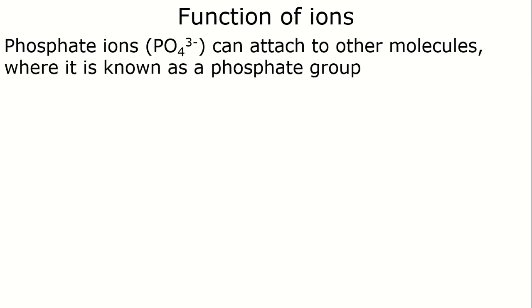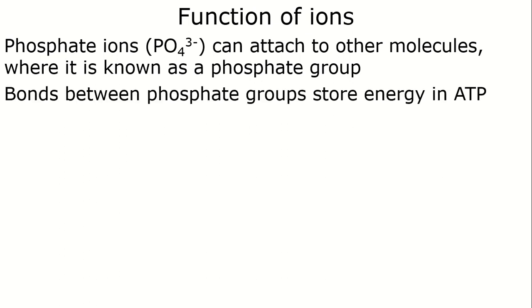Our next ion that we're going to look at are the phosphate ions, which we saw earlier, PO4 3-, and these can attach to other molecules and phosphorylate them. When it attaches to other molecules, it's known as a phosphate group.